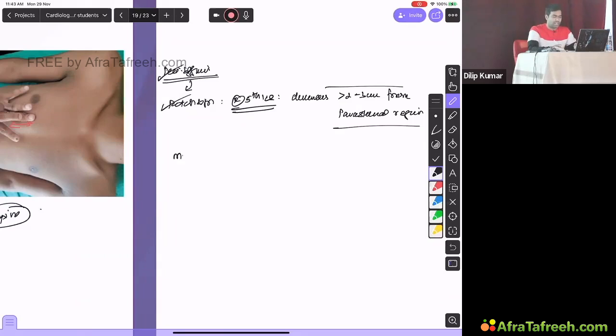And later on, there is another sign that's been described, called Morris sign. What Morris sign said is, it's not on the lateral extension. In pericardial effusion, there will be a superior dullness also. That is understandable. It's not just on the lateral side, like what we are percussing, it should extend on the superior side also. So he said the dullness should be there in both right and left upper intercostal spaces.